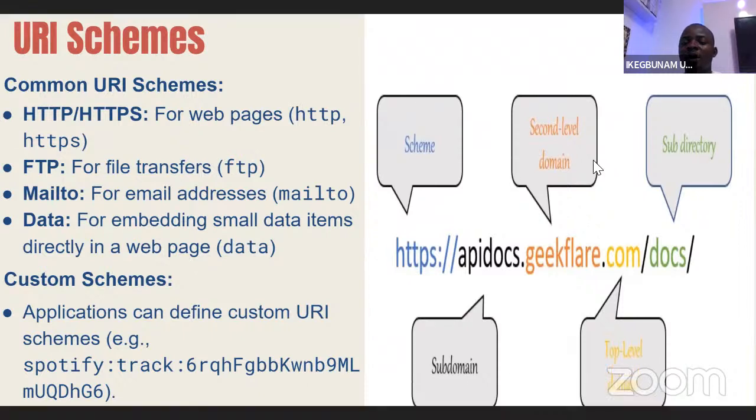We can have .com, .org, .ng, .us, .uk, depending on the domain name and whatever it is you want it for. Then we have subdirectory. This is when we're talking about getting a path in a URI, a path to a particular resource, by a path, not by a name.